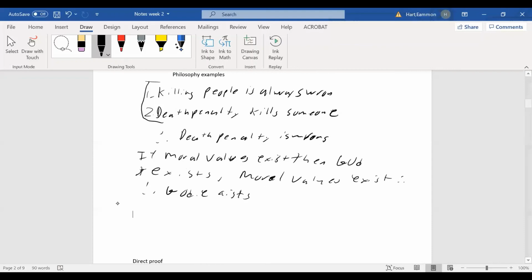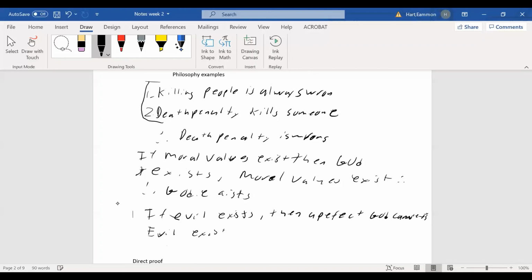Similarly, if you were to make an argument against the existence of God, say the problem of evil, you would have: if evil exists, then a perfect God cannot exist. Evil exists.